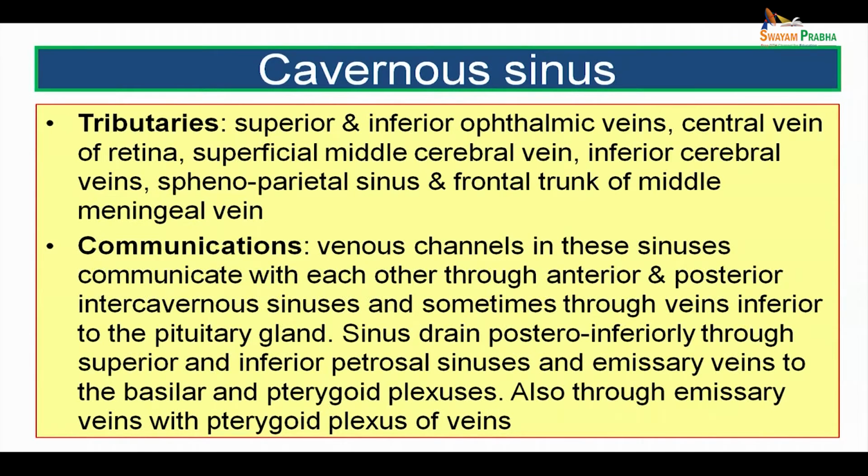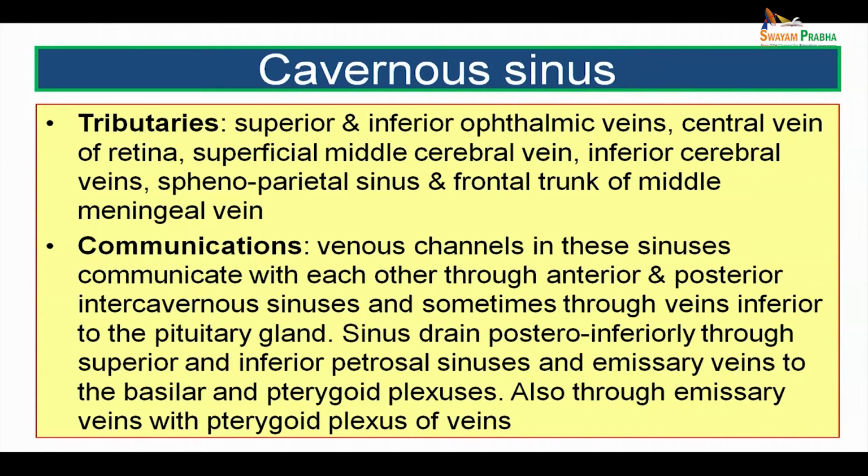Let us now see what are the tributaries of the cavernous sinus. The cavernous sinus basically receives venous blood from 3 areas. It receives venous blood from the eyeball, from the brain tissue and from the meninges. It receives the superior ophthalmic vein, the inferior ophthalmic vein and the central vein of retina from the eyeball.